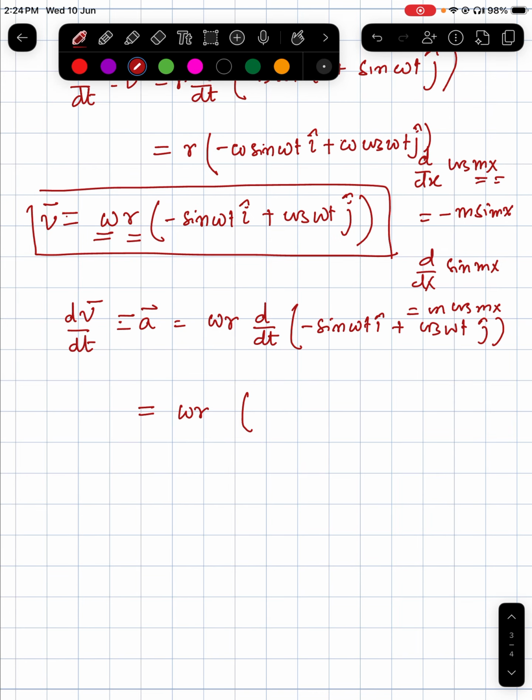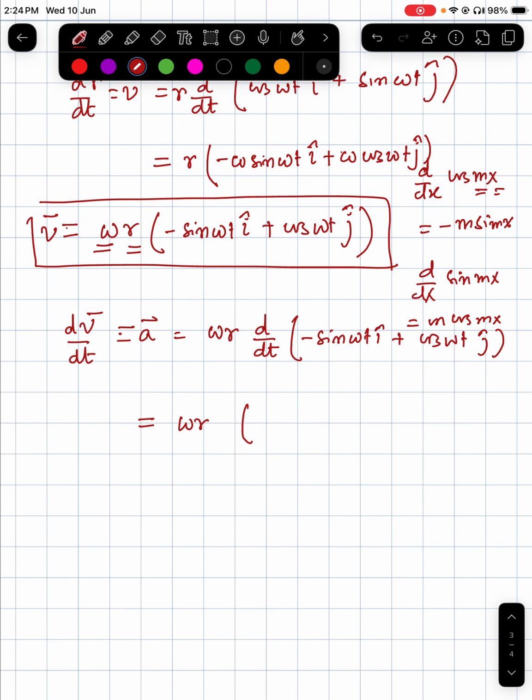Sin omega t becomes cos with one omega outside, so I am writing omega first, then cos omega t. Again I am using the derivative of sin mx and cos mx. And the cos becomes sine, so that is minus omega sin omega t j cap.